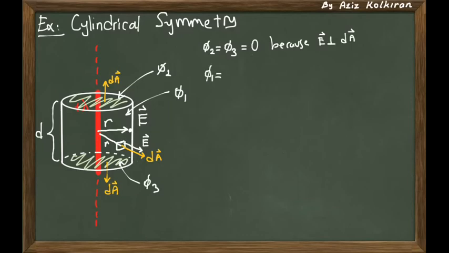And what about the flux through the side surface? The expression for this is E times A, because at every point the electric field and the area vectors are parallel to each other, so this dot product is always constant. So you can immediately write down, instead of an integral, this expression for the flux: the strength of the electric field times the total side area of the cylinder.